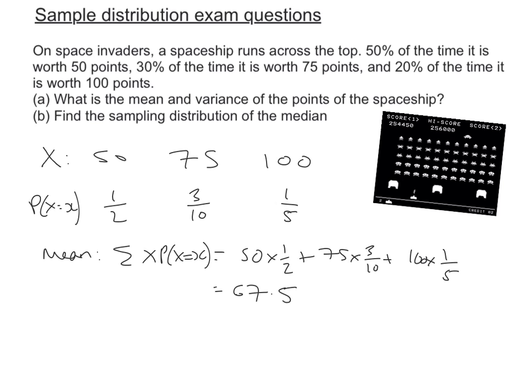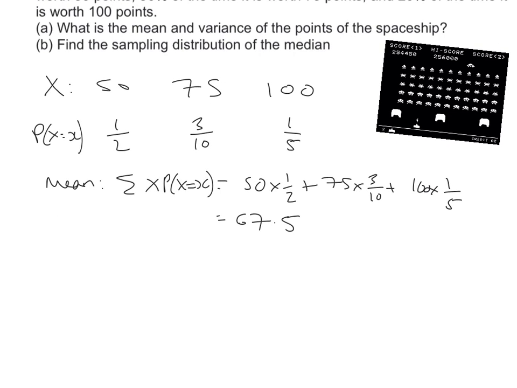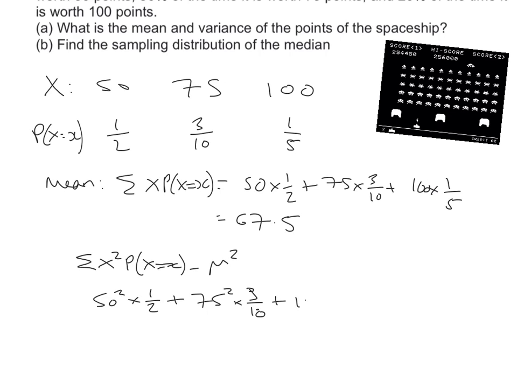With the variance, remember we need to do the sum of x squared times the probability of x, and then we need to take away the mean all squared. So we're going to have to do 50 squared times a half plus 75 squared times 3/10 and 100 squared times a fifth.